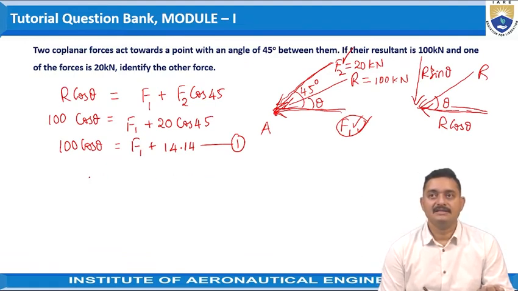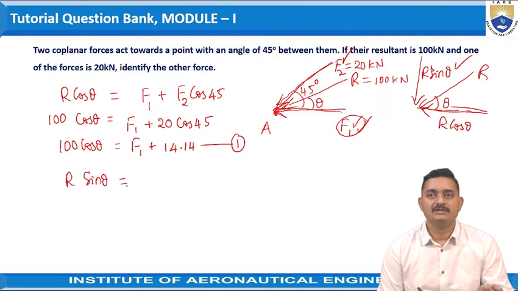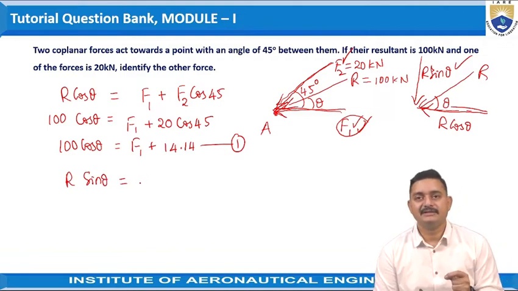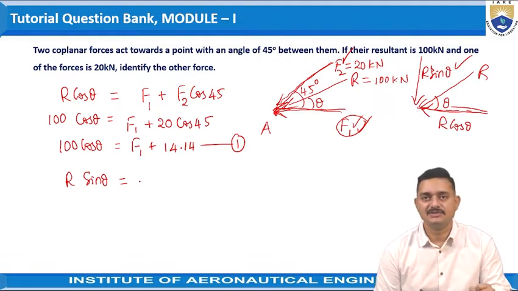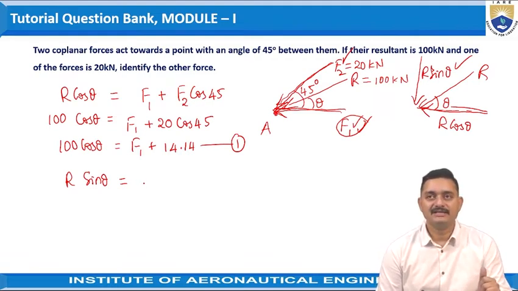Now consider the vertical component of the resultant, that is R sin theta. This will be equal to the vertical forces acting in the system. The only vertical force is F2 sin 45.